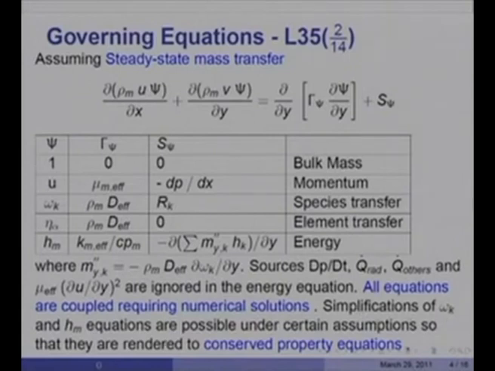Simplifications of omega k and hm equations are possible under certain assumptions so that they are rendered to a conserved property equation. We have gone over all these processes of converting omega k and hm equations to conserved property forms in a variety of mass transfer problems.